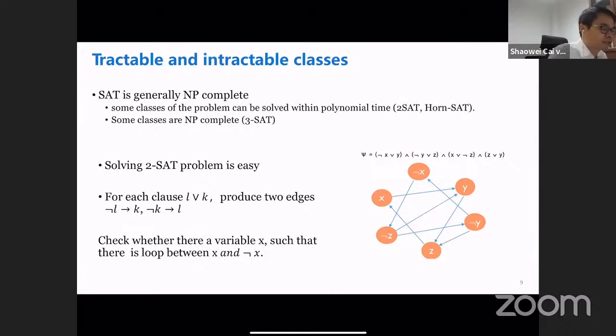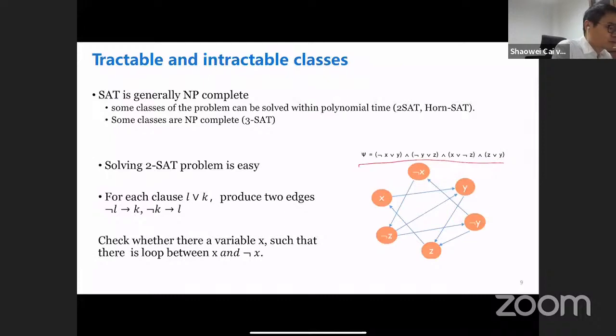So here is a small example of 2SAT. We can solve the 2SAT problem easily by constructing a graph in this way. Now we get a small formula of 2SAT, and for each clause, we have two literals. Then for each of the literals, we make a node in the graph.